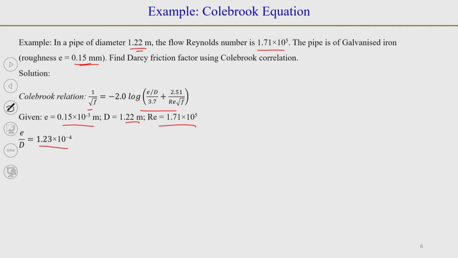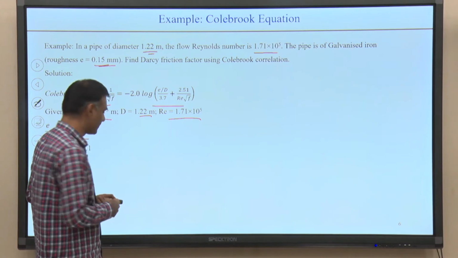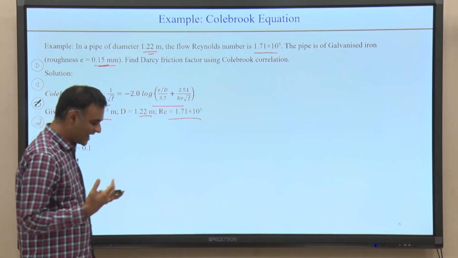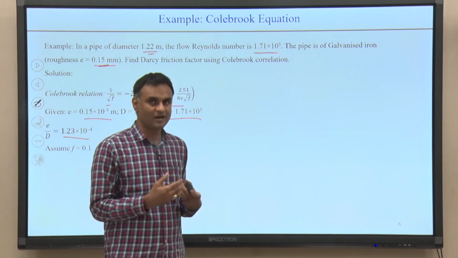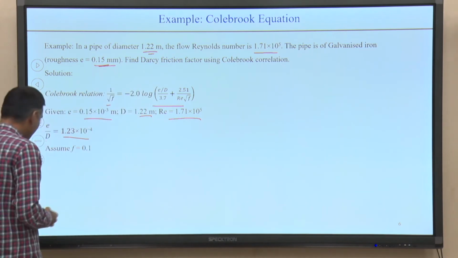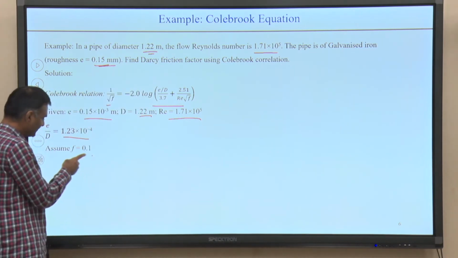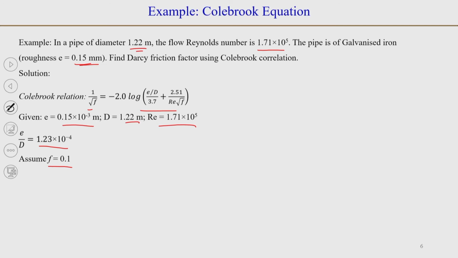Now, the question comes, what is the value of f? We can guess a value of f, and in general you might remember that when we talked about the Colebrook relationship, we said that f equal to 0.1 is generally a good guess. So, we can assume f is equal to 0.1, and do the first iteration.